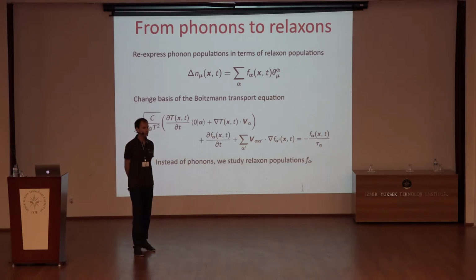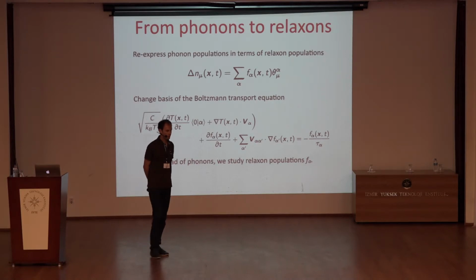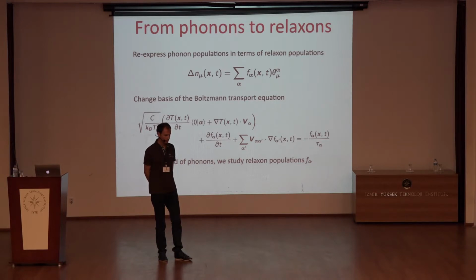One question I have is, in my understanding, relaxon is collective motion of phonon particles, right? Mm-hmm. Then can we still use the concept of relaxon for the case where the time period is shorter than the normal scattering rate and the spatial length scale is shorter than the normal scattering mean free path?